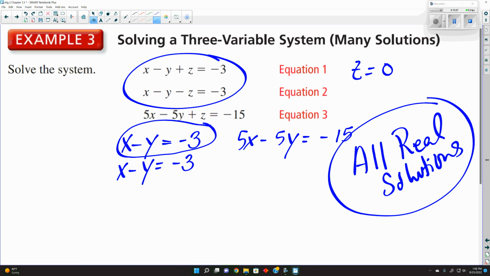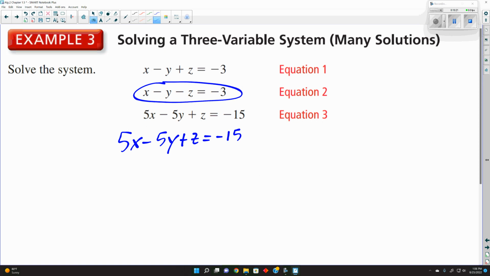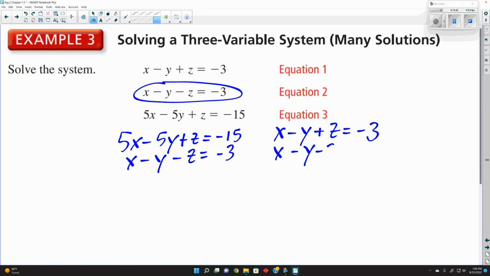Now, I'm going to show you all this one with, let's do the middle one for our elimination and do it with z. Now with the middle one, we do this here.